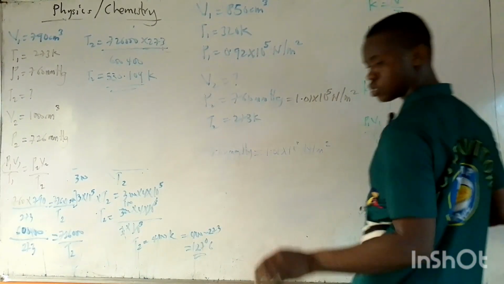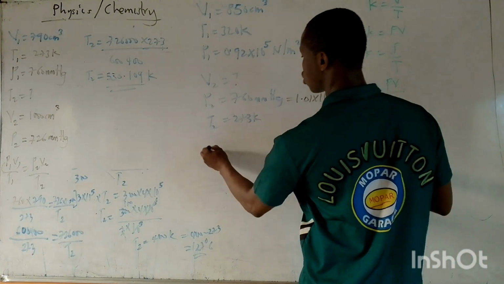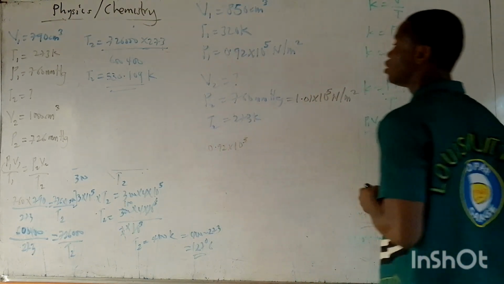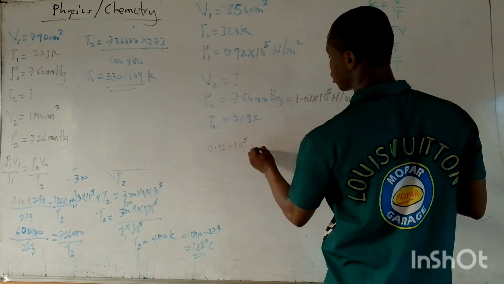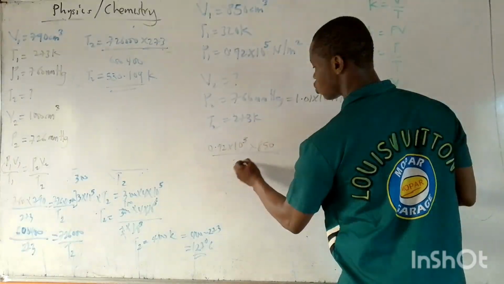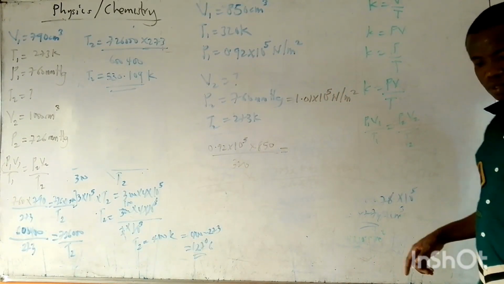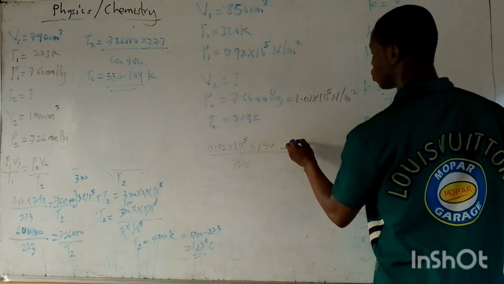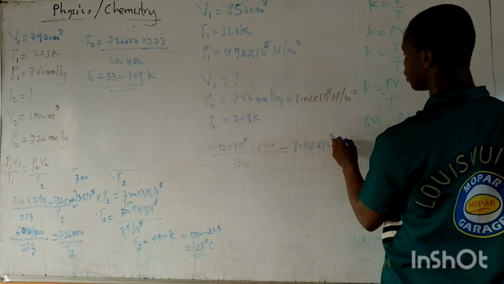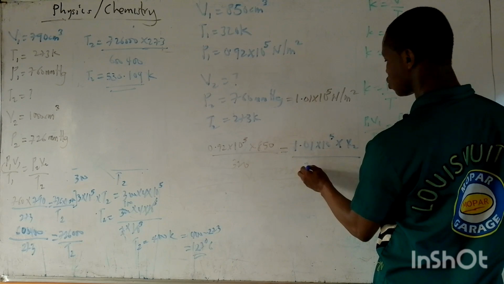So P1 is 0.92 times 10 raised to the power 5, times 850, over 320, is equal to 1.01 times 10 raised to the power 5 times V2 over 273.